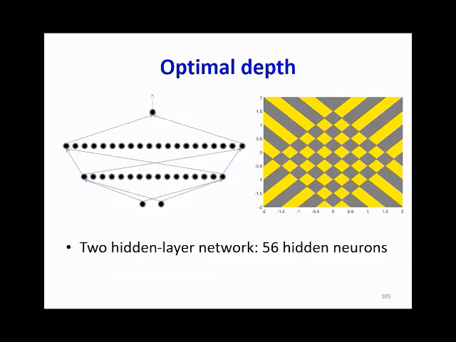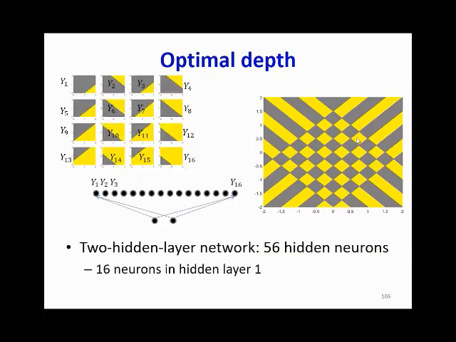That's because this decision boundary that you see over here is composed of 16 lines, which are shown in this figure to the top left. Each of these lines can be captured by one perceptron in the first layer, so you will need 16 perceptrons in the first hidden layer.